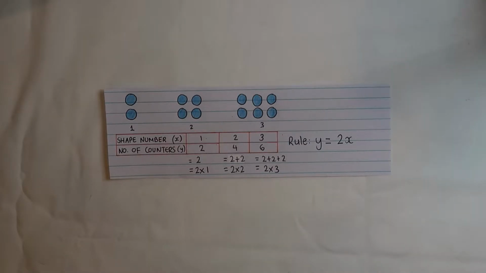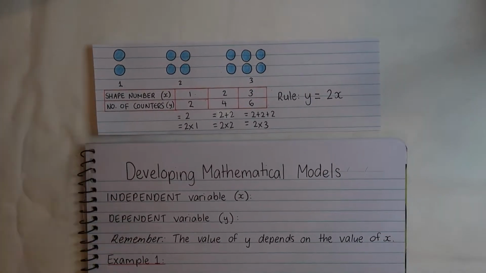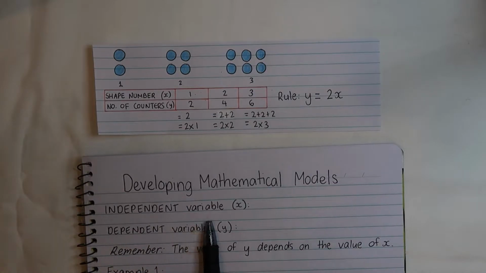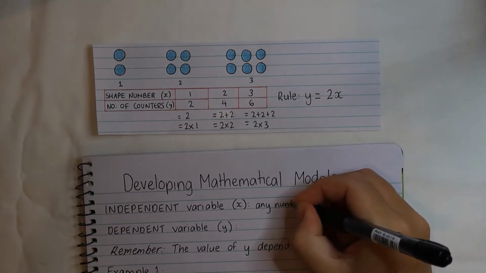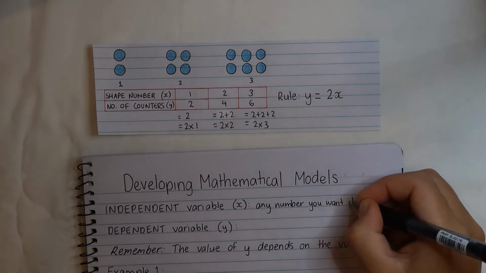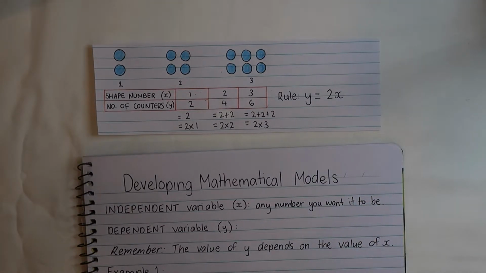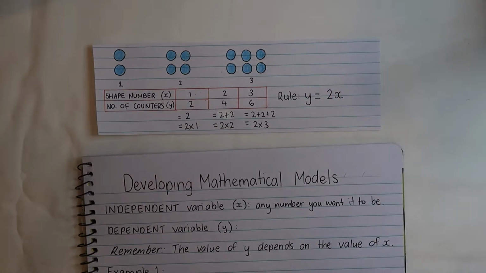So we're going to introduce two new terms. These are the independent variable and the dependent variable. So in this example, the shape number is called the independent variable because it can be any number you want it to be. So then we have a look at our number of counters, and this one is going to be our dependent variable.